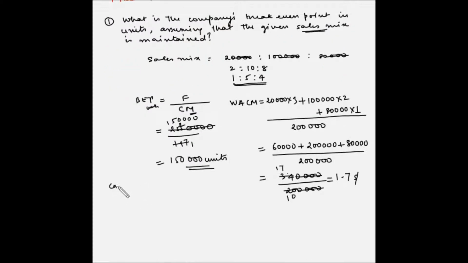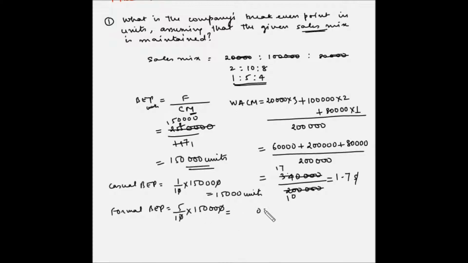So for casual, break-even point is equal to 1 divided by 10 multiplied by 150,000, which is equal to 15,000 units. For formal, the ratio is 5 by 10, and we'll multiply this by 150,000. So 0 gets cancelled with 0.